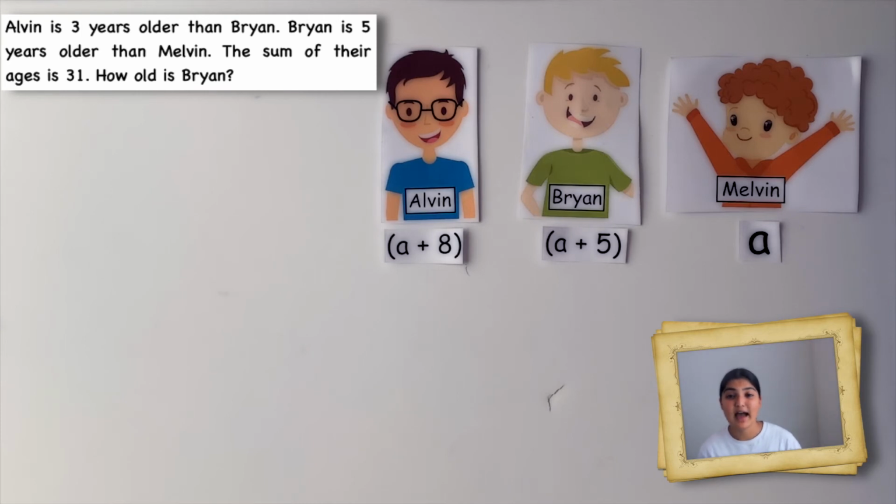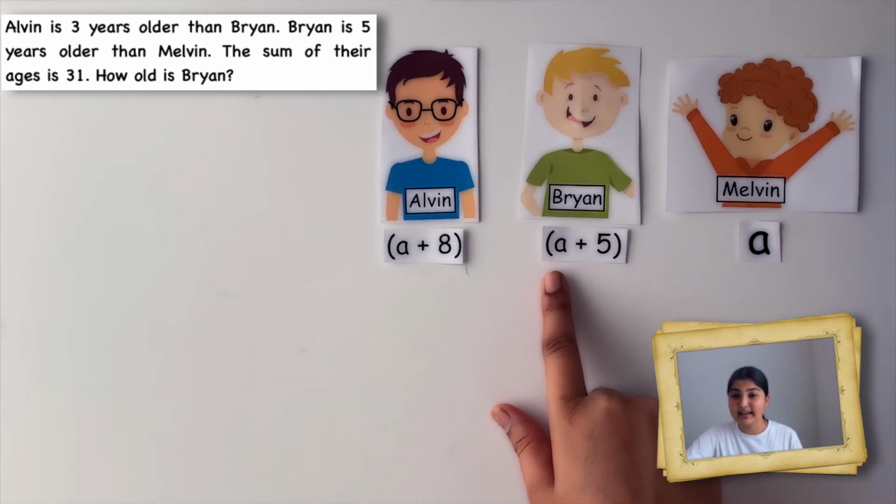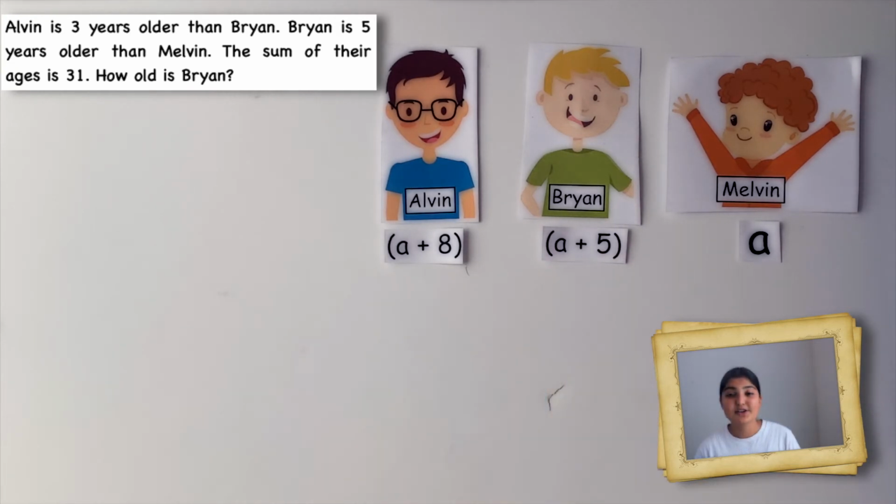Now we know how old these 3 boys are. But the question tells us to find Bryan's age. Well, in order to find his age, we need to know the value of A. And we can find the value of A by setting up and solving a single variable equation.